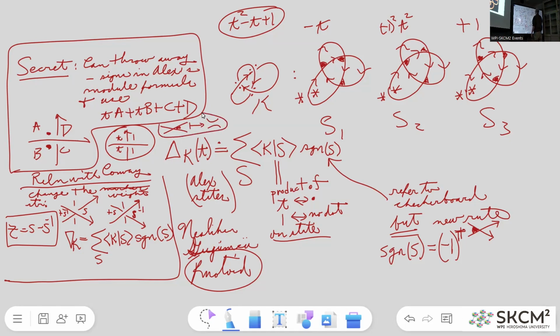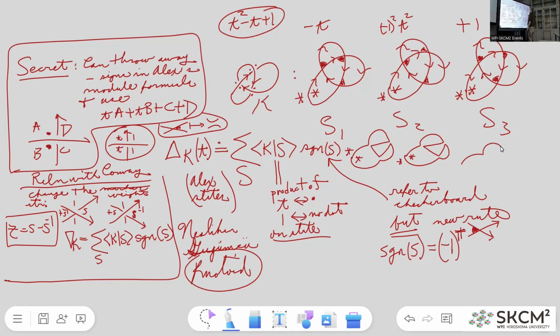So draw the pictures. That's not an accident.